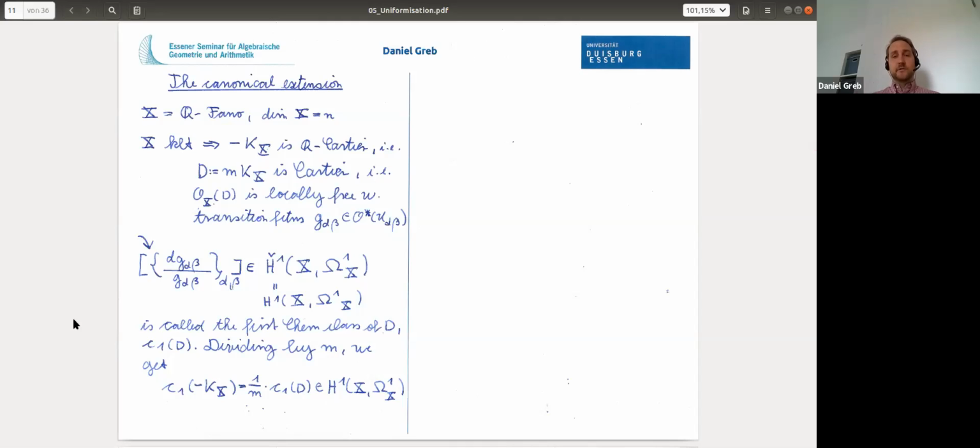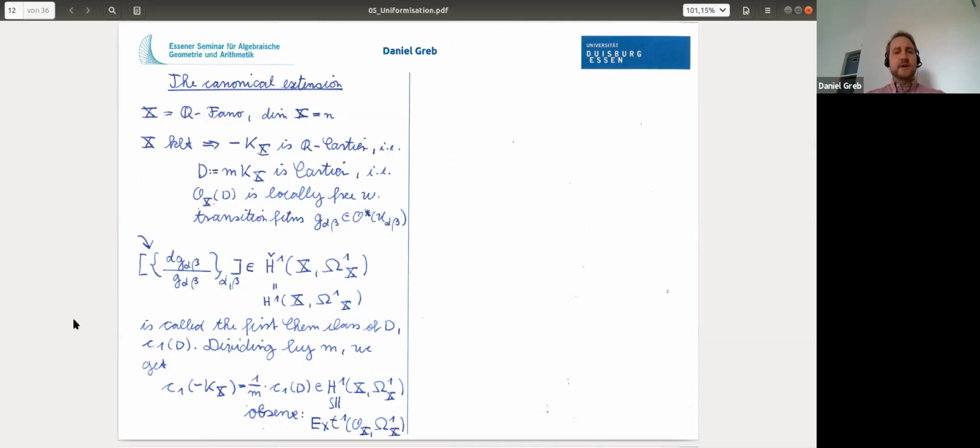So I look at the first Chern class, and I observe that this H1(Omega 1) is the same as Ext1(Ox, Omega 1 of X). This is just because these are two derived functors, H1 and Ext1, coming from essentially the same functor. And so these cohomology groups are isomorphic.